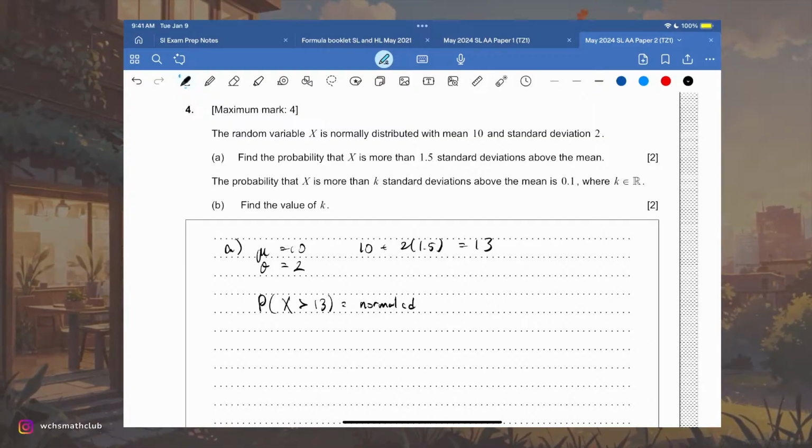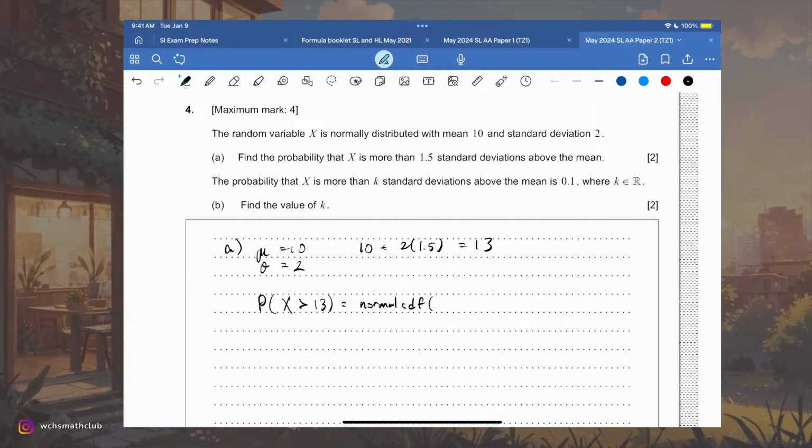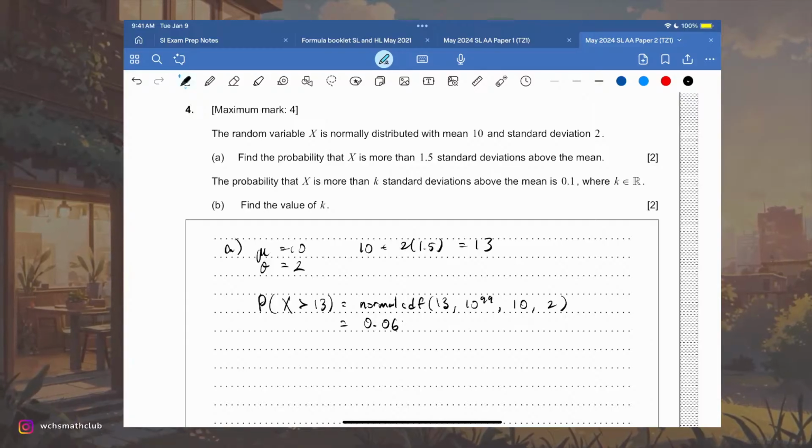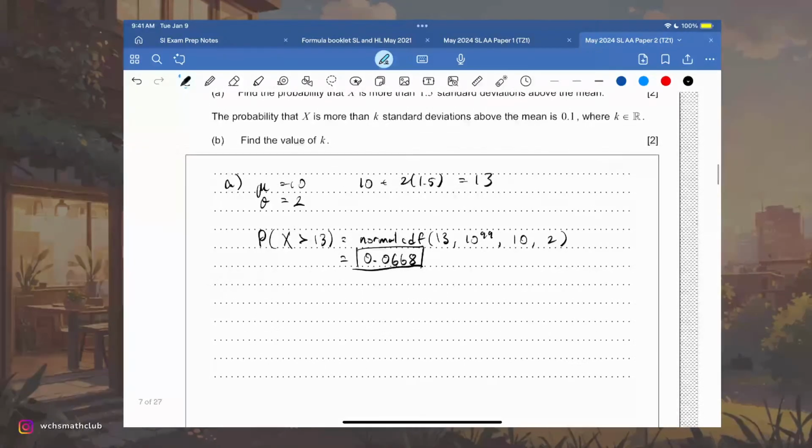On the TI-84, this would be normal CDF, and then we put the values that we used: 10 to the 99, 10, and 2, which gives you 0.0668, rounded to 3 sig digs. This is going to be our answer for part A.